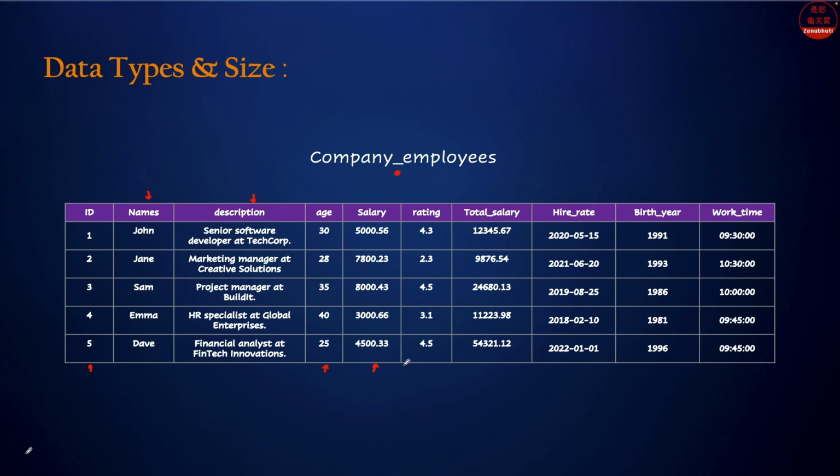Then we have also decimal values. We have date, year, and time data. From this table, we can see that a different column holds different kinds of value.